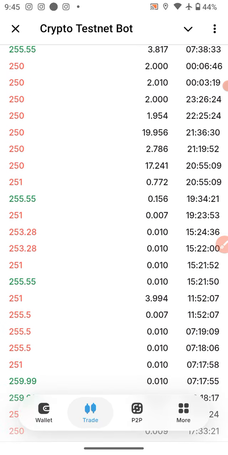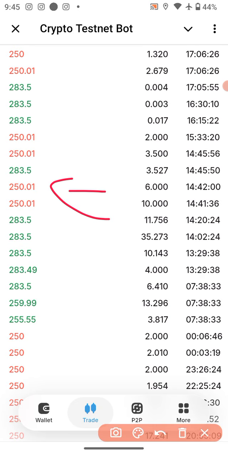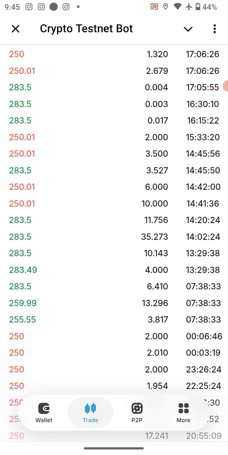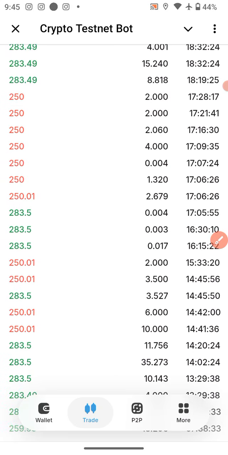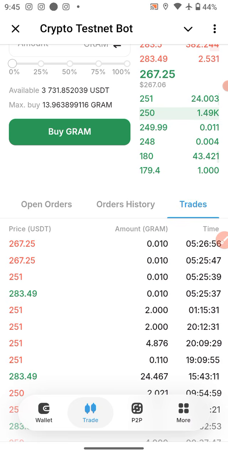Now, I know for a fact that if the market reaches $250, I would buy some of it. If I am certain it will go back to 283 or 263, I would invest more dollars at 250, so that when it goes to $283, I will be selling.